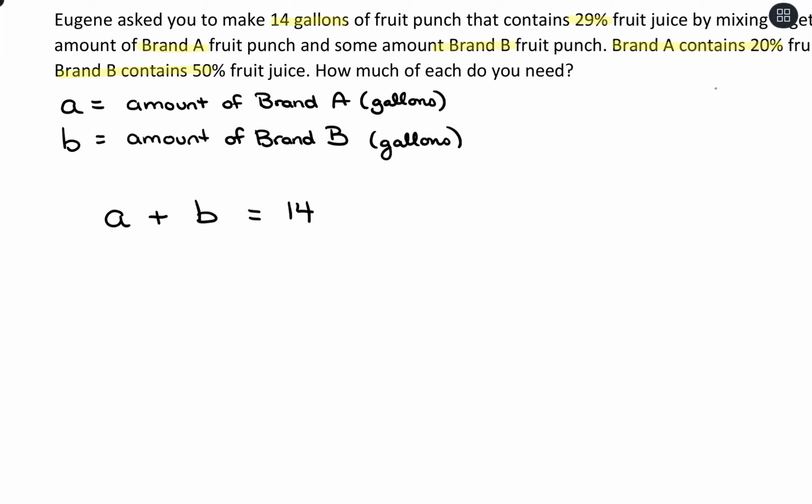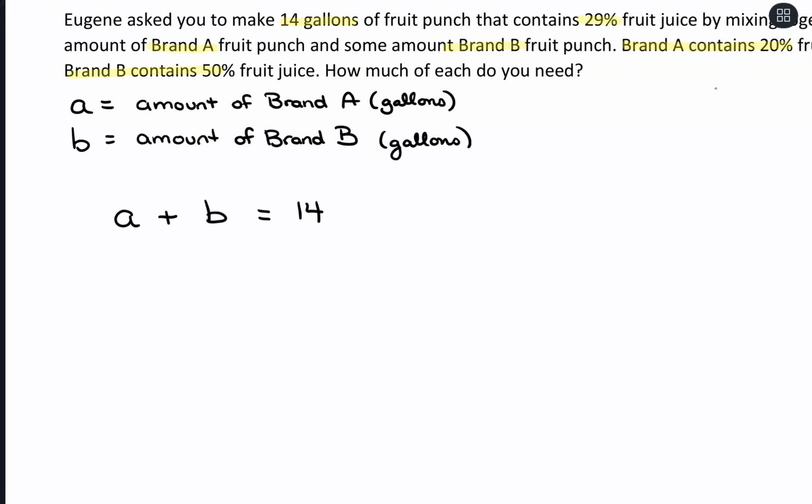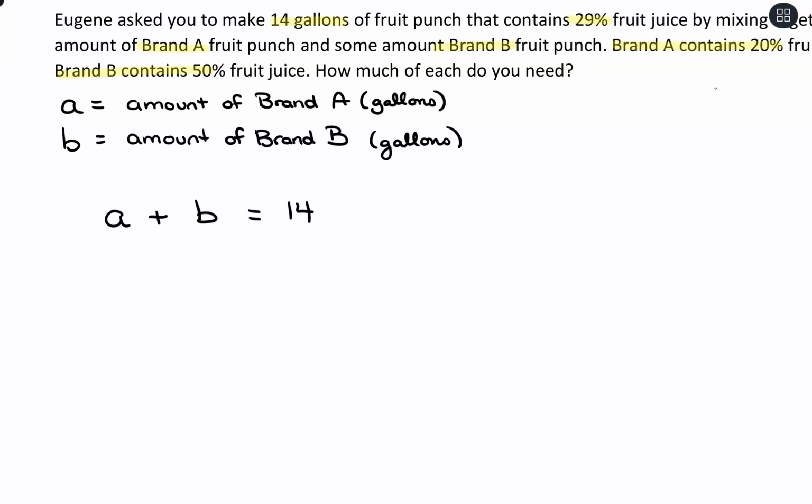Okay, that was the nice part. Now let's look at the concentration part. Whatever amount of brand A we're using, 20% of that is fruit juice. So if I take 20% of A, or 0.2 times A, that's telling me how much fruit juice I have within that number of gallons. Then we combine that with 50% of brand B. This gives me the total amount of actual fruit juice.